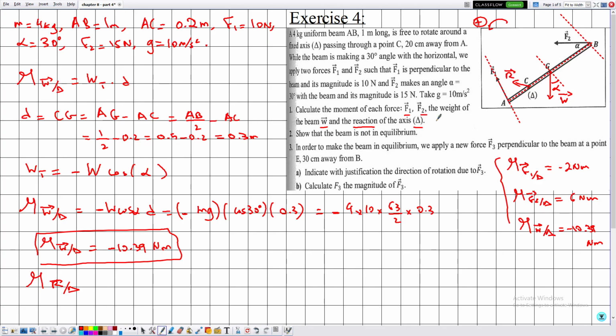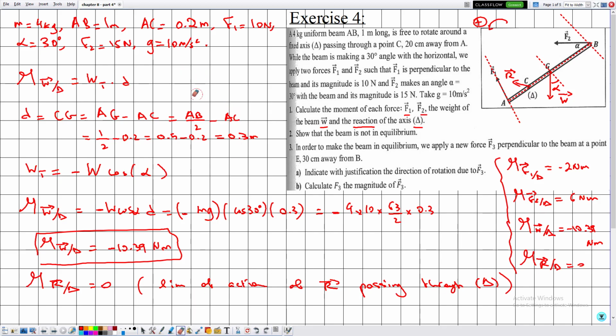Now the moment of this force is equal to 0, simply because its line of action passes through delta. So there is no tangential direction, it's completely radial. So the moment of the reaction force around delta is equal to 0.